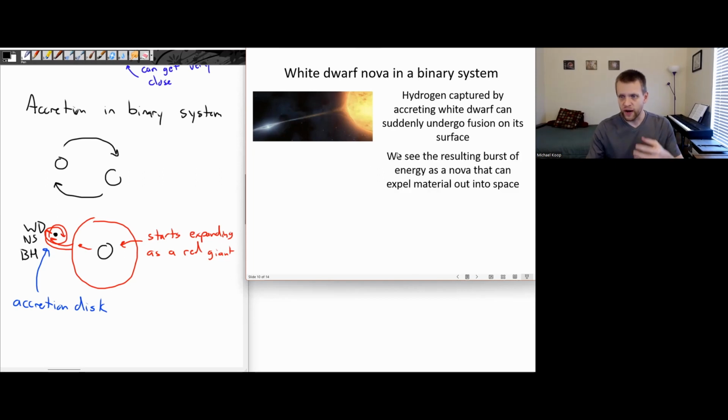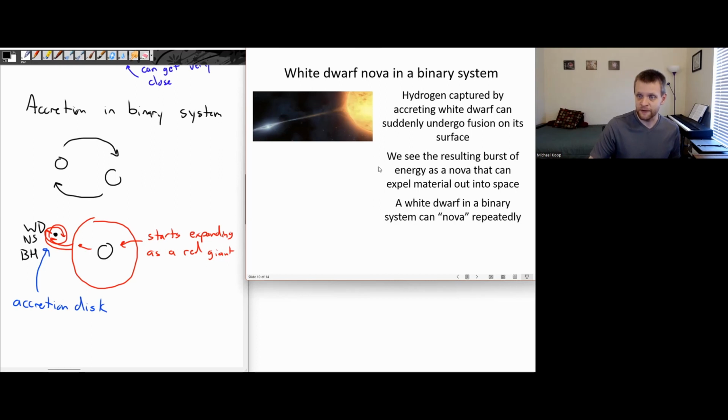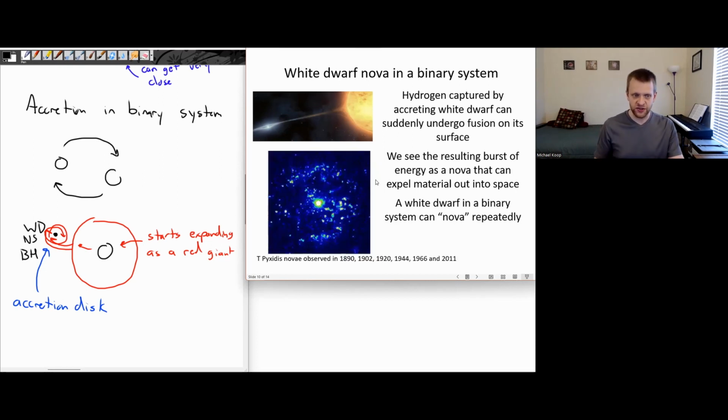In fact, when hydrogen starts building up on the surfaces of these white dwarfs and more hydrogen is violently smashing into it, you can get these flare-ups, almost like a grease fire on a grill, where very, very quickly that region starts to go through hydrogen fusion on the surface, and we can actually see this nova effect of this hydrogen that has fallen onto the white dwarf. It suddenly starts to go through fusion, giving off a huge, bright burst of energy.